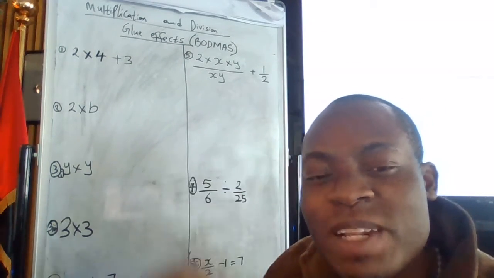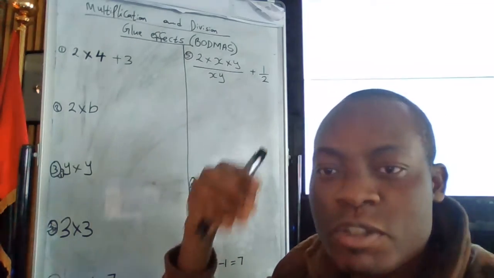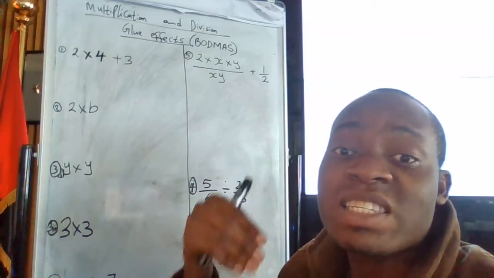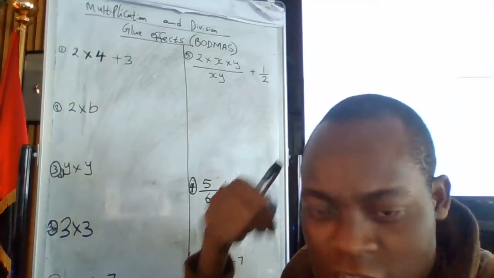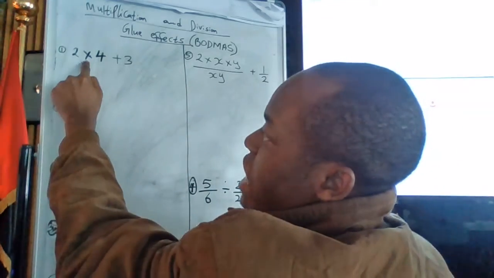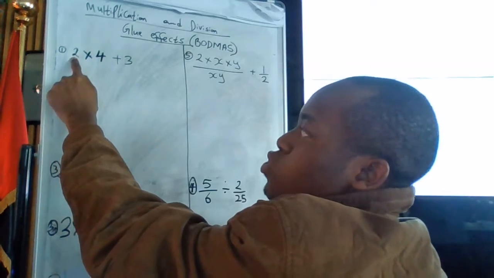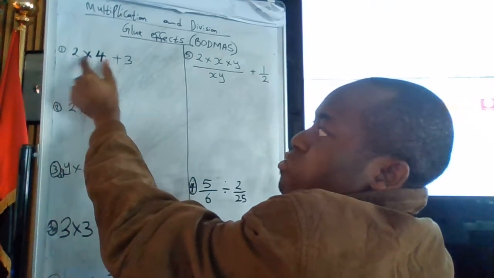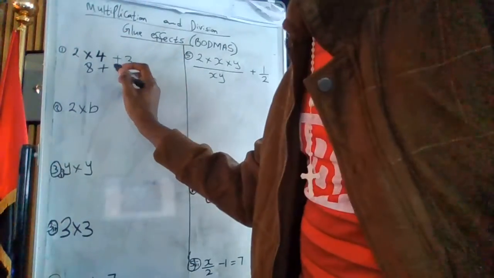But under multiplication and division, anything that is attached directly or indirectly to the multiplication and the division is definitely glued to it. That is, the times is glued to this 4 and is also glued to this 2. That means we have to solve this before this. So that is 2 times 4, which is 8. Then we now have plus 3.